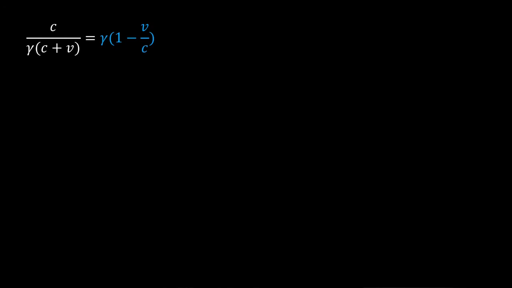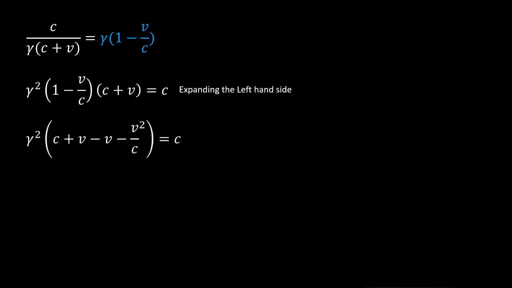Doing a bit of algebraic manipulation, we get gamma squared times open brackets 1 minus v over c close brackets, times open brackets c plus v close brackets, equals c. With a little bit more algebraic manipulation, we get gamma squared times open brackets c plus v minus v all squared divided by c close brackets, equals c.